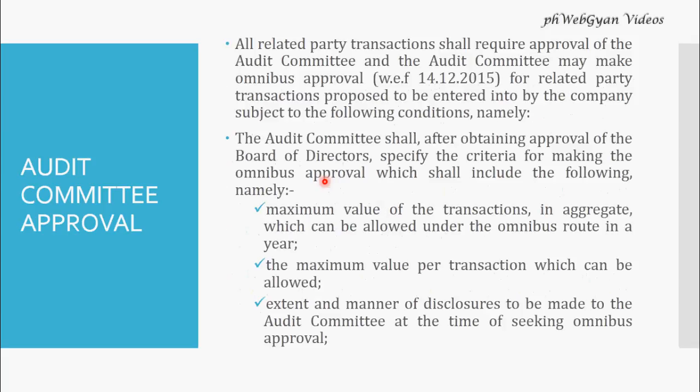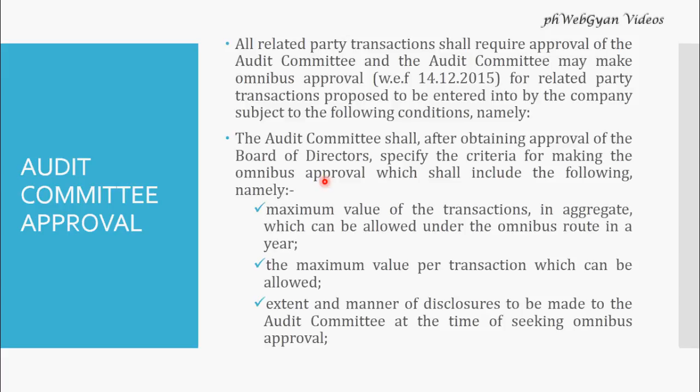Now, how is this audit committee's approval to be taken? So in the audit committee's meeting, simple. However, there was an amendment on 14th December 2015, after which the audit committee has been given the liberty to give omnibus approval for any such related party transaction.